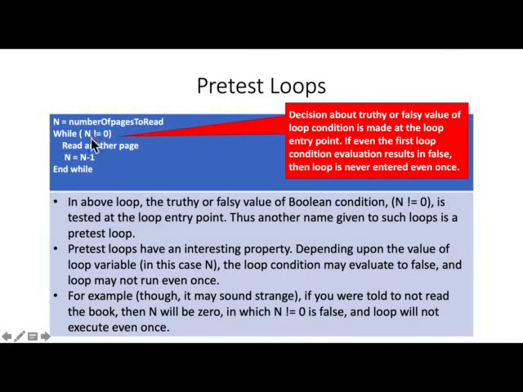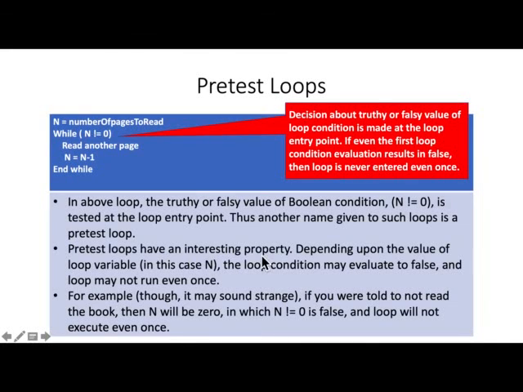Right before you enter the loop, you're deciding the truthy or falsy value of the loop condition at the entry point. Because testing is done at the entry point, the name pretest loop is given to such loops.